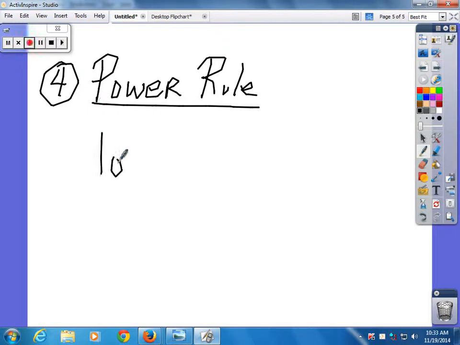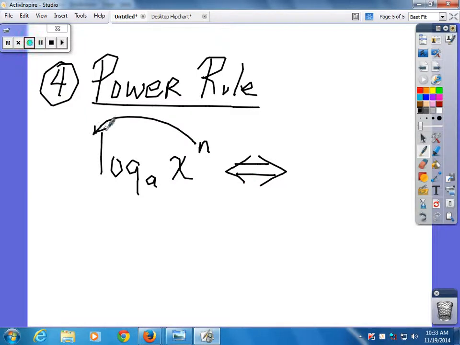Log base a of x to the n power can be rewritten. Anybody want to take a guess at it? Anybody remember from a previous class what you do with that n? Pull it out front as a coefficient.